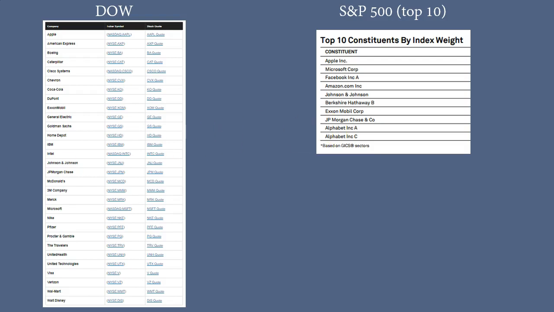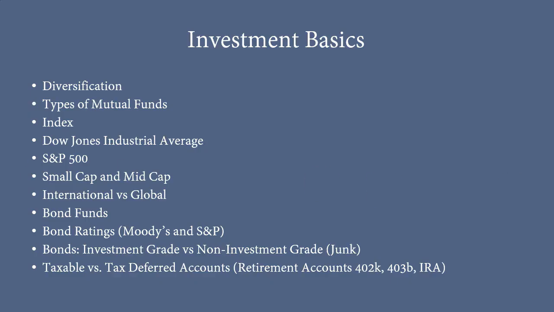What you want to remember about the indexes is that they are all driven by a computer. A computer can figure out what the largest companies are, the Dow or the S&P 500. You do not need to pay people millions of dollars to figure out how to buy and sell and invest in an index fund. That is why they are typically so low in cost structure.